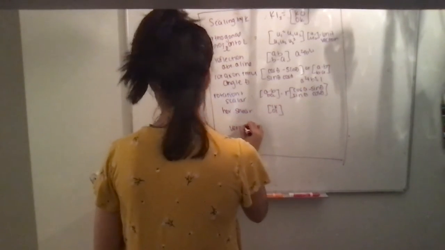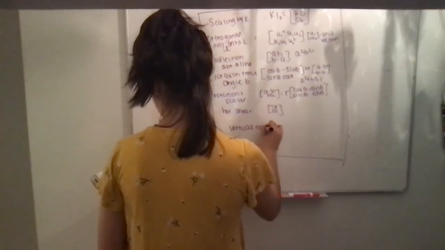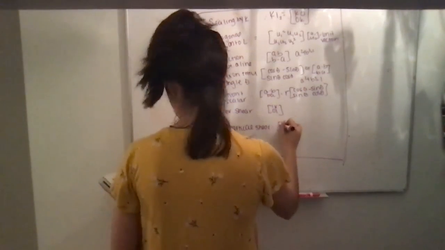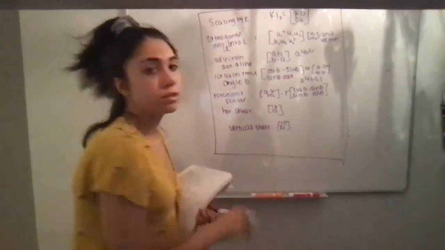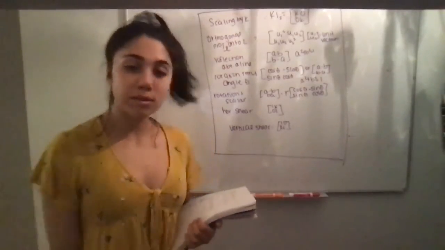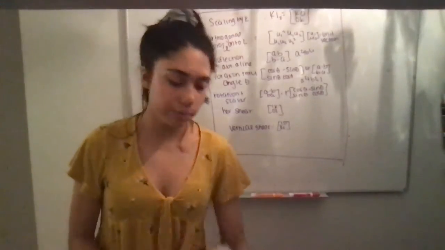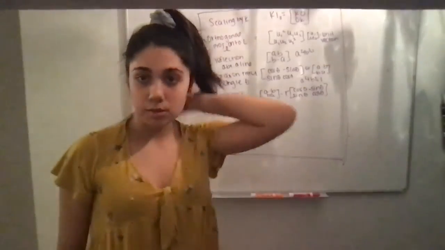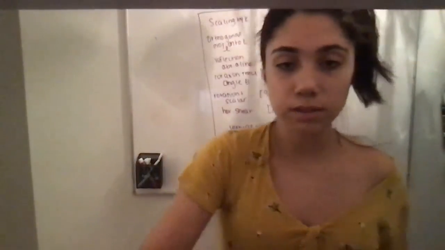And finally, vertical shear: [1 0; k 1]. So that's everything that we just learned, basically summed up. The really important matrices that you're going to need to know for all of these transformations. So I hope that that is helpful.